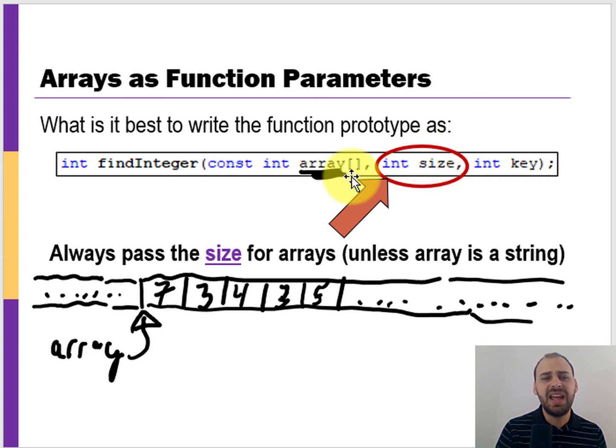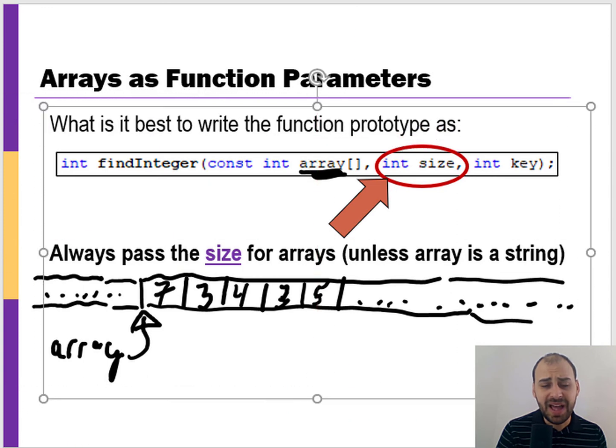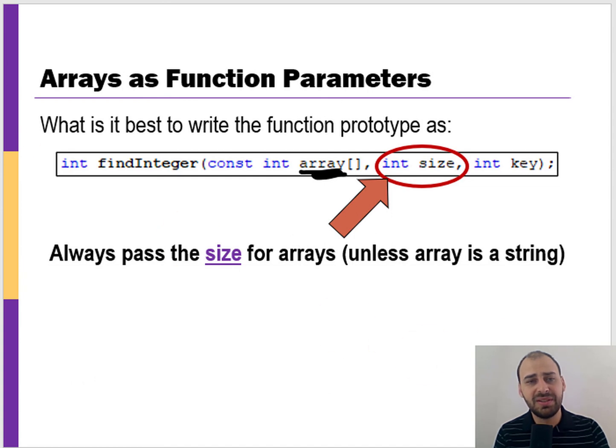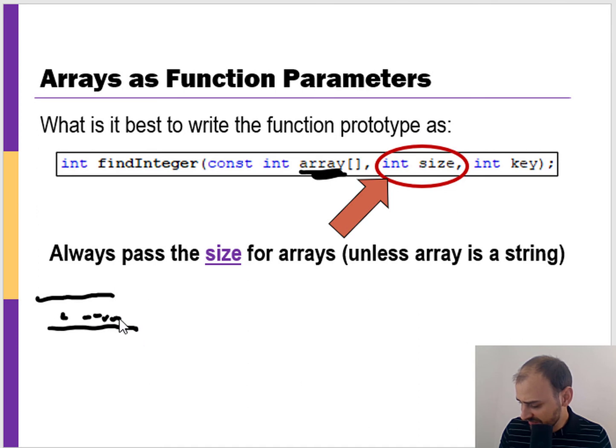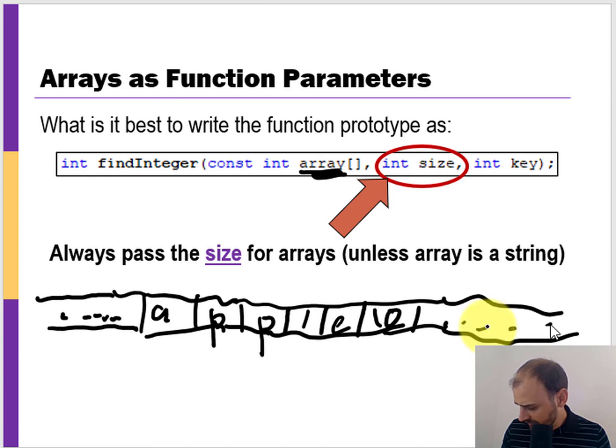Now with strings, we actually don't need that. The reason we don't need that with strings has to do with the fact that, unlike arrays, we actually do know where the string stops. If we do the same drawing for strings, a string is an array, a character array.